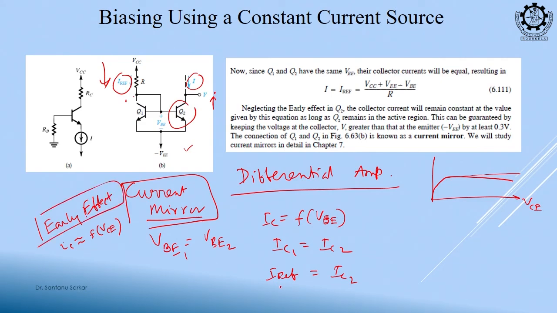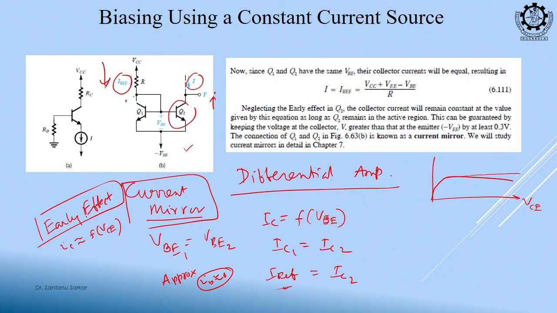There is some assumption, we are neglecting IB, okay. Otherwise you have to subtract IB. So, this small assumption we are considering, and we can assume that this is equal to this, otherwise we have to subtract the base current from this. So, this is an approximation, consider IB close to 0, neglecting IB.